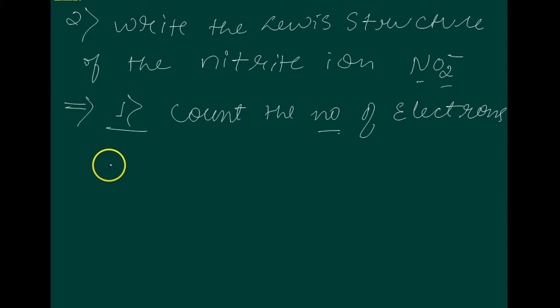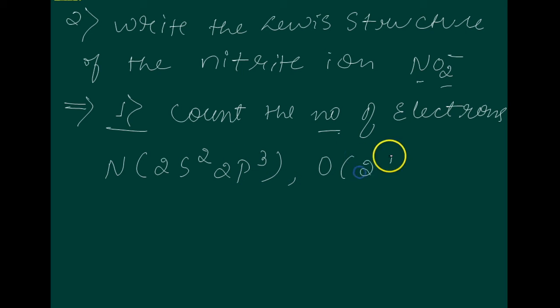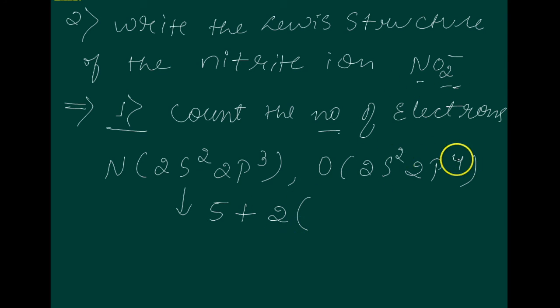You know, nitrogen is 2s2 2p3, and oxygen is 2s2 2p4. For nitrogen, how many electrons? 5. Oxygen is 2 plus 4, which is 6, and there are 2 oxygen atoms.